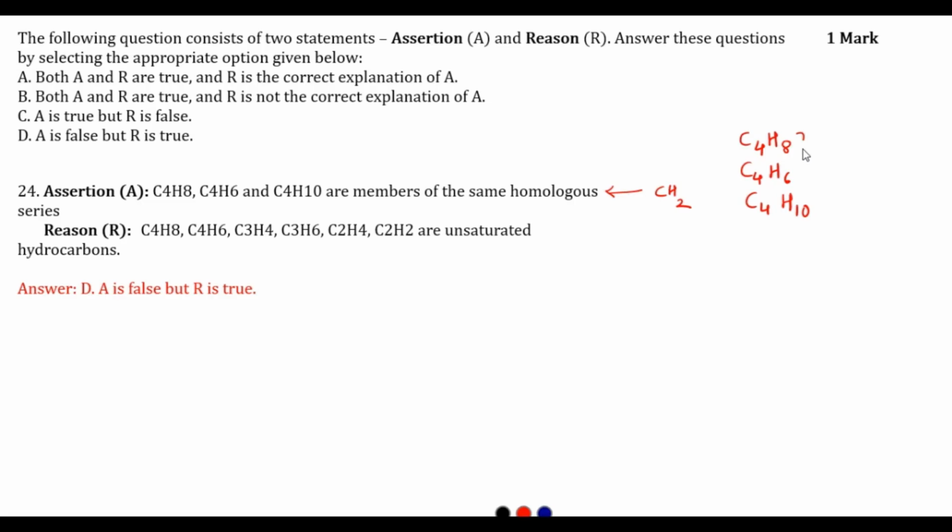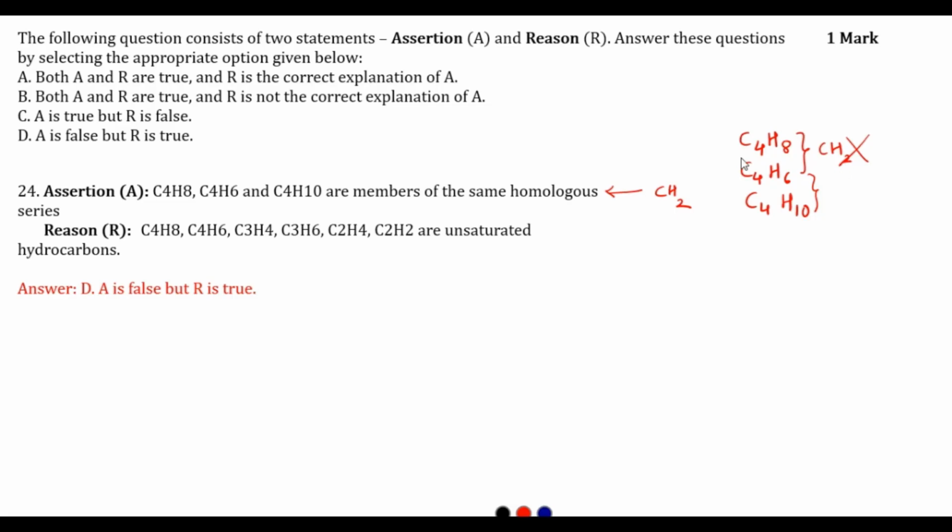See the difference between them. There should be a difference of a CH2 group: one carbon extra and 2 hydrogen extra. But there is a difference of only 2 hydrogen, and the carbon is the same, C4. Even between the other two, the carbon is again C4. So the main condition of a homologous series is not satisfied, and therefore the assertion is completely wrong.